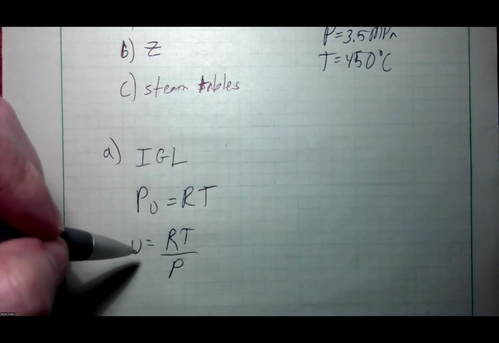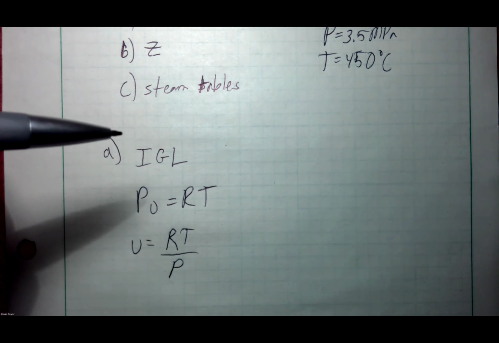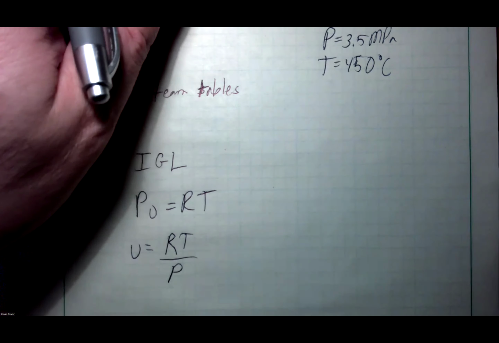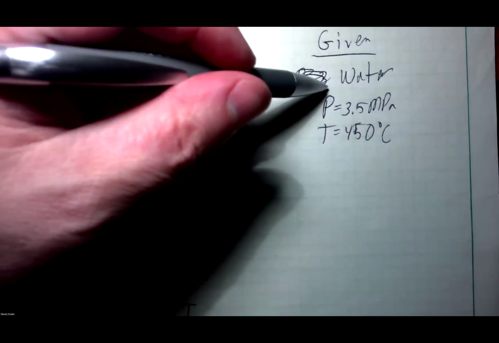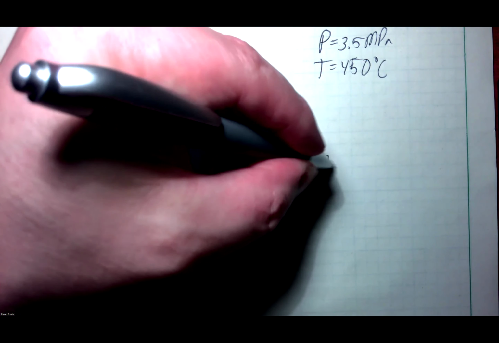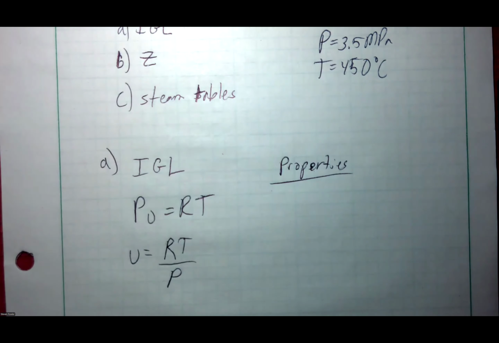Okay, what tools do we have? I'm looking for v, so what tools do I have to find R? R now becomes the unknown I'm after. R is a property of the substance. That's what we call the gas constant. In this case, our substance is water. So I can go look at properties, and we go to Table A1 in our textbook.